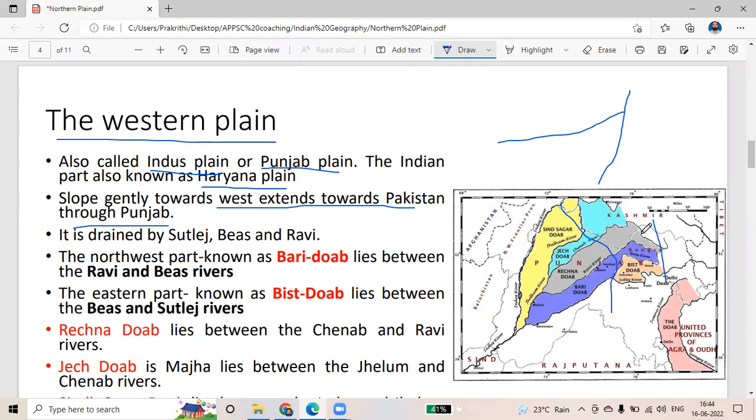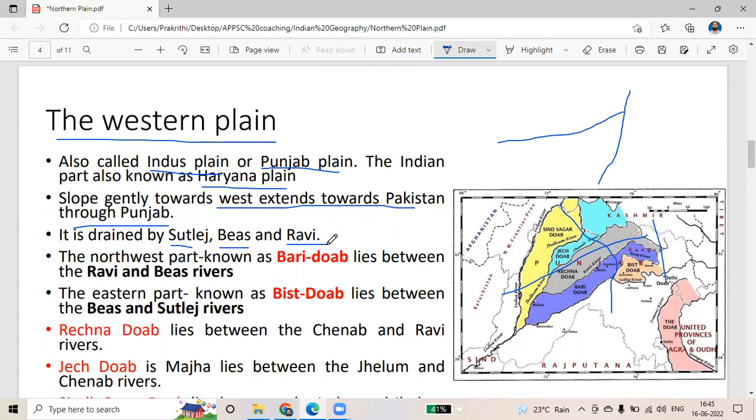So starting from Punjab, it will move towards the Pakistan region. And it is drained mostly by the Sutlej River, Beas River, and Ravi River. These are all tributaries of the Indus. The Sutlej, Beas, Ravi, all these come under it.